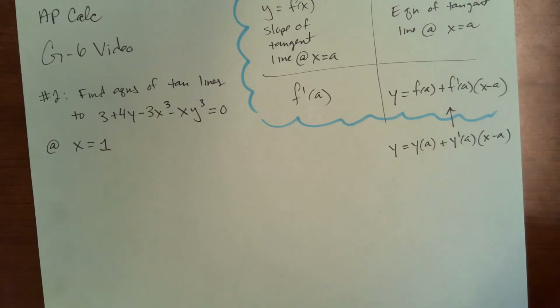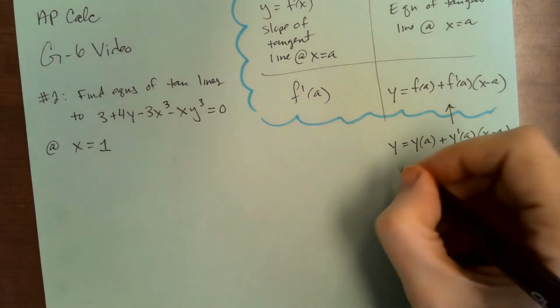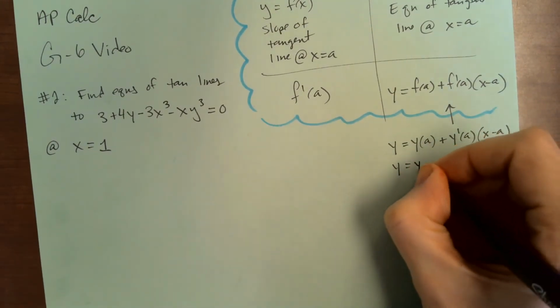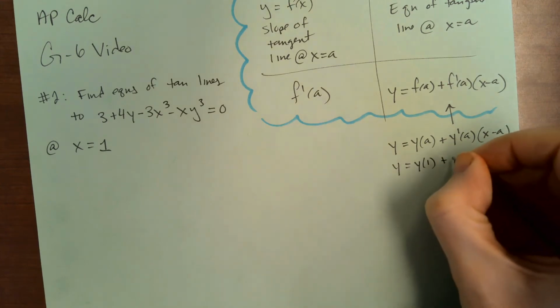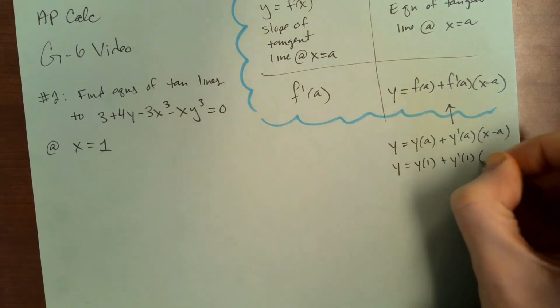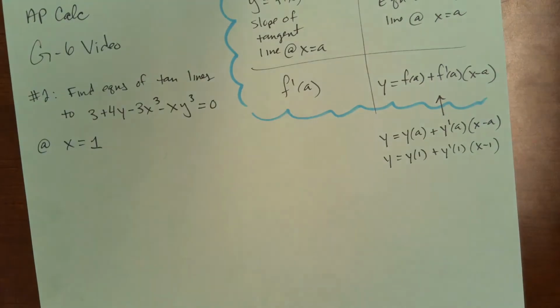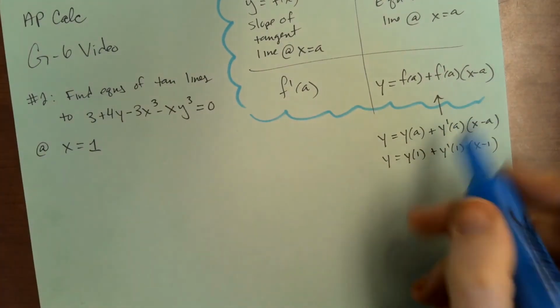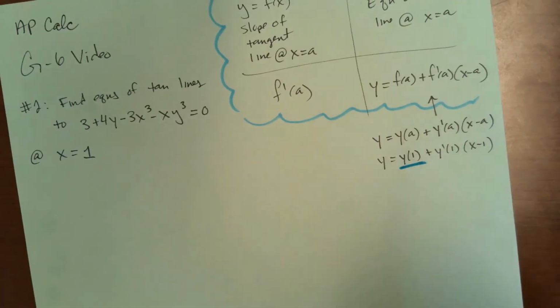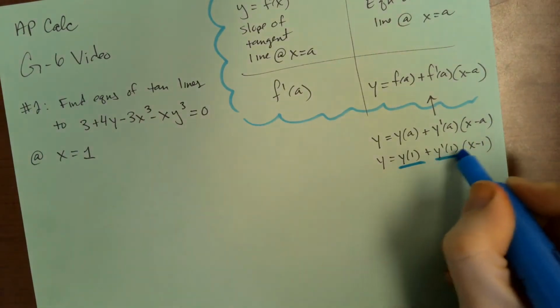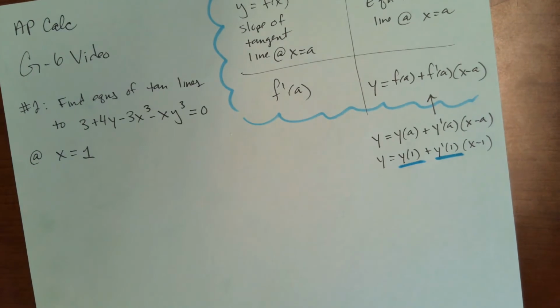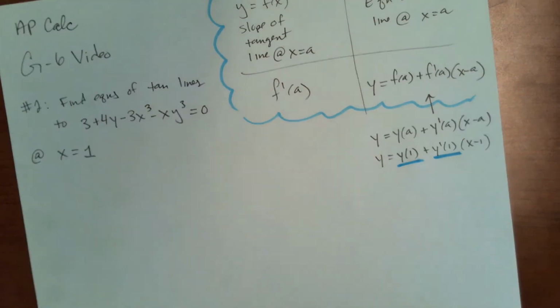And here my x is 1. So y equals y of 1 plus y prime of 1 times x minus 1. So we're going to have to find the y values that come out when we plug 1 in for x, and we're going to have to find the slope that we get.